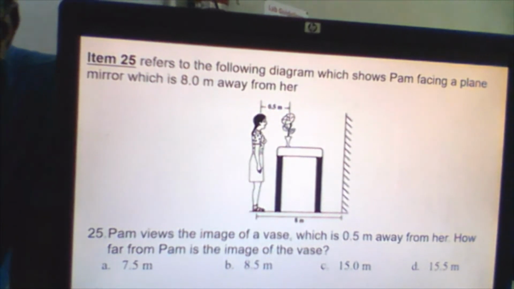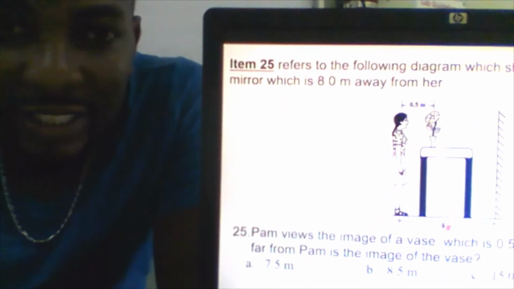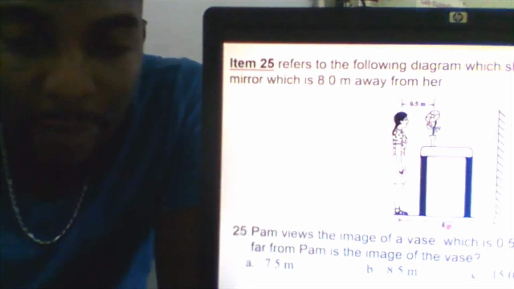So the question asks now, Pam views the image of a vase which is 0.5 meters away from her. How far from Pam is the image of the vase? One of the things that you should know when you're talking about reflection is that the image is an equal distance behind the mirror as the object is in front of the mirror when you're looking at a plane mirror.